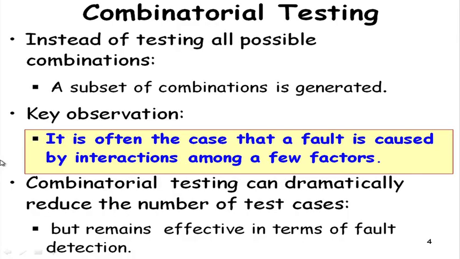So, let us look at the details of what is involved in this pairwise testing, and how we generate these pairwise test cases manually. And of course, as I said, there are tools available where you just input the number of parameters and it will give you the test cases. The main idea why pairwise testing works is that the fault is caused by interaction among a few factors.